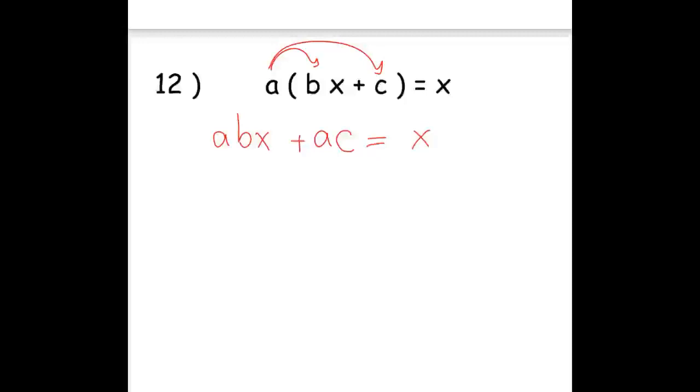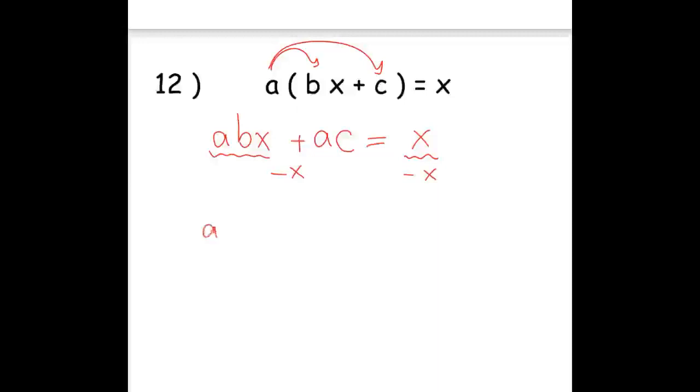So here, I have a friend of x and I have here a friend of x, and this is not a friend of x. So I will do what? Yes, I will make this x run to the room that contains x friends. So here I will minus x to both sides.